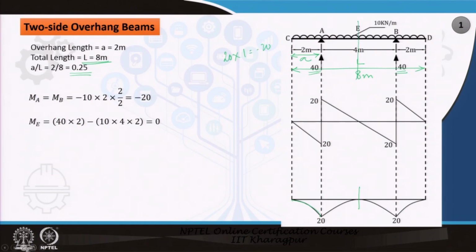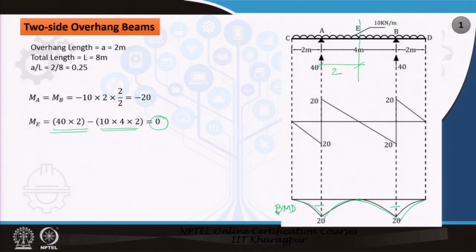Because at this particular point it is 40 into 2, and this entire length is how much? This is 4. So 10 into 4 into 2, that means equal to 0, that means at this particular point it is 0. So it is negative, and this is the bending moment diagram, BMD.